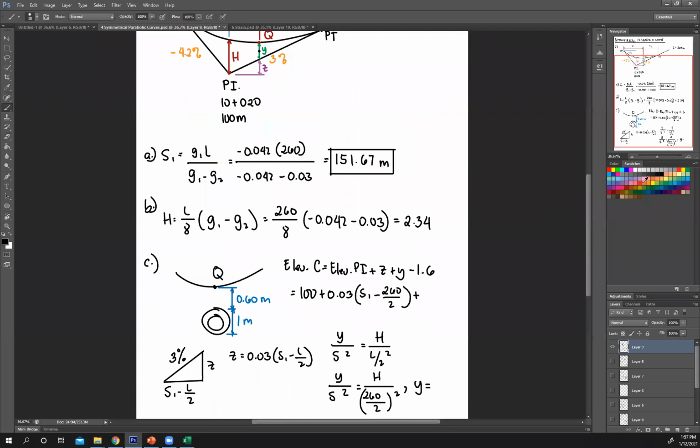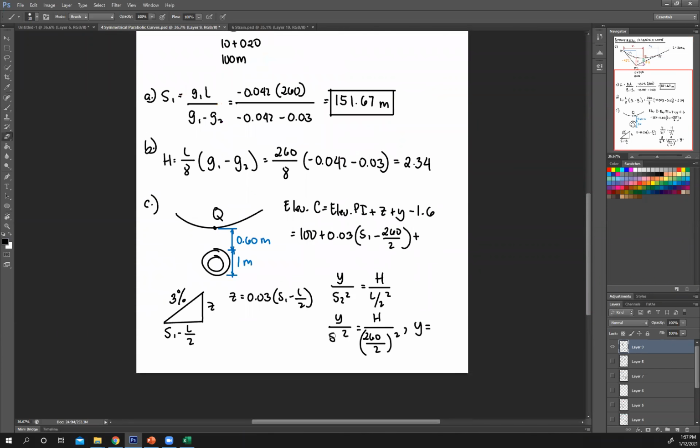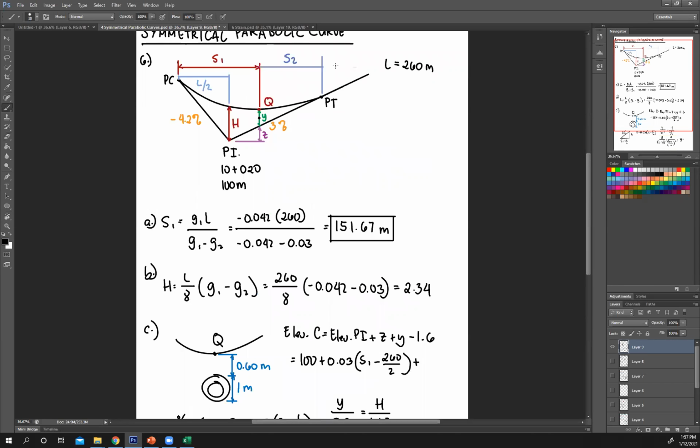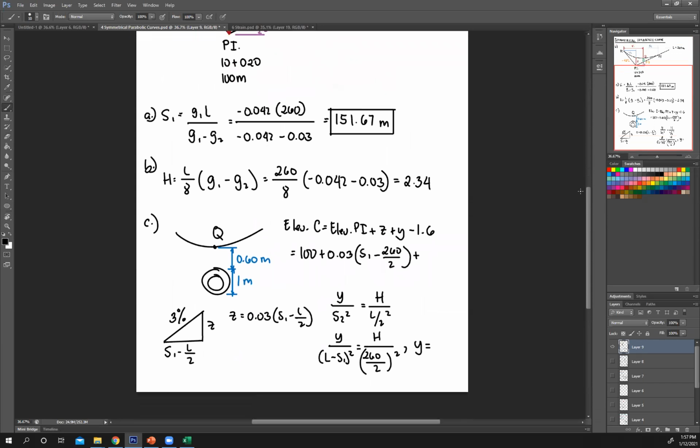So S2 squared. And S2 is just L minus S1, squared. Right? L minus S1. Okay, so resolve, what's the answer? It's no longer S1. It's L minus S1 to get S2.